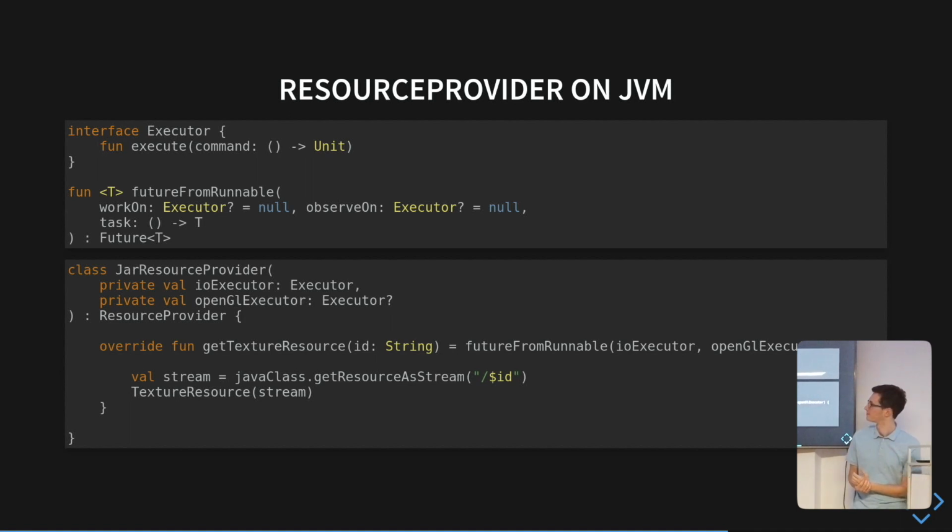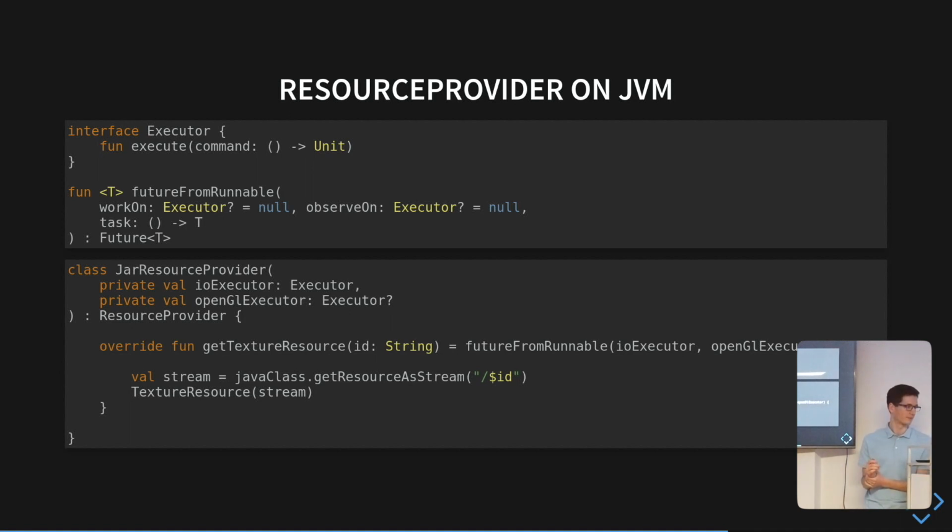The way I create future objects from that is, first I define an executor interface, and then this future-from-runnable function, which needs two executors. One is which executor should actually do the operation, and the other is which executor the callback function should run on.